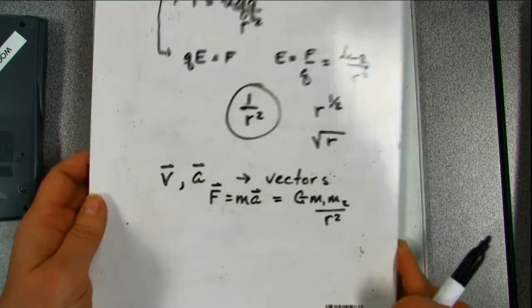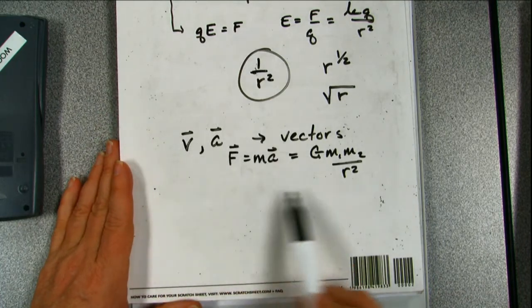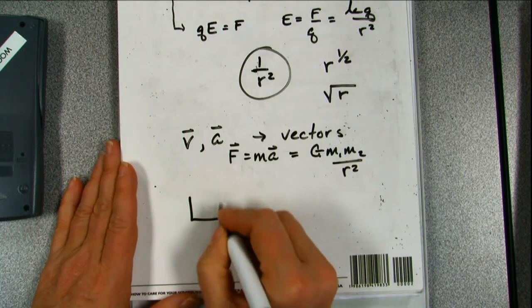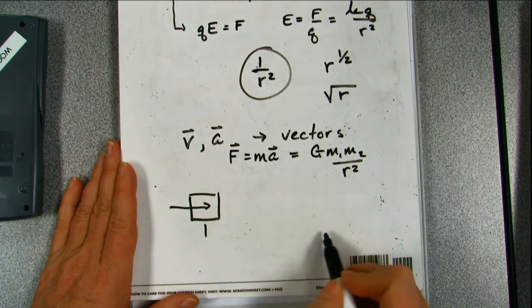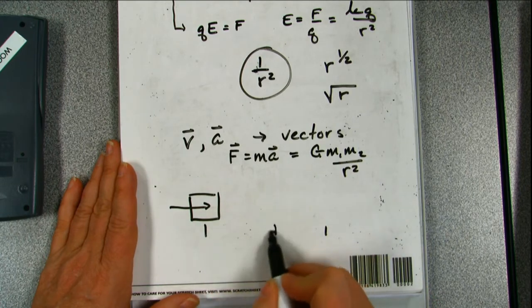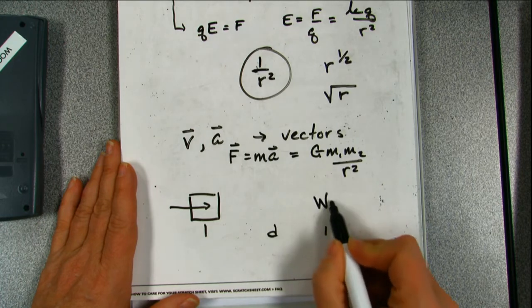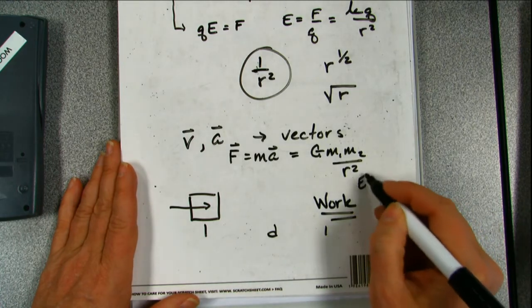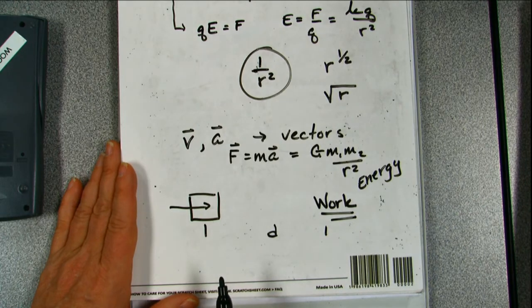We've got a lot of those kinds of things, but we got to a point where we started looking at, if I took a box and I applied a force to it, and we got it to move a distance, we talked about the concept of work. One of the beauties of the concept of work and energy was what?